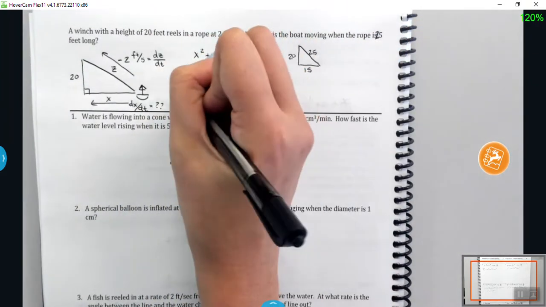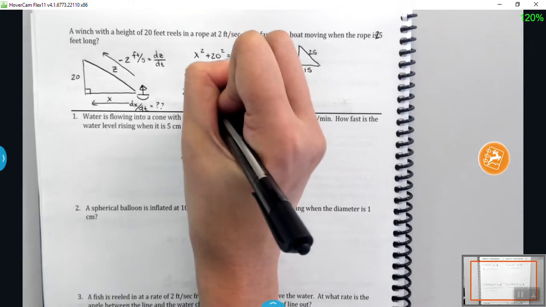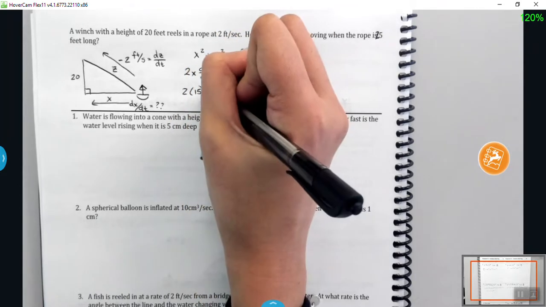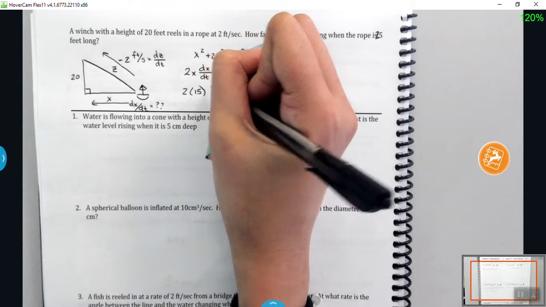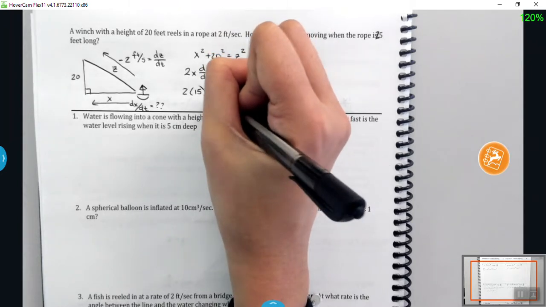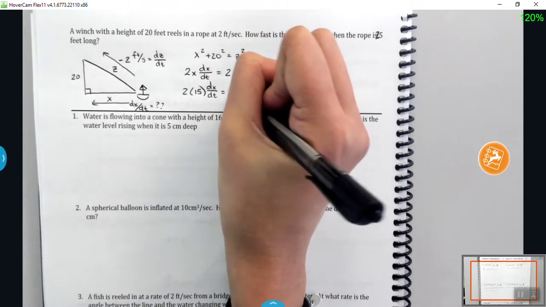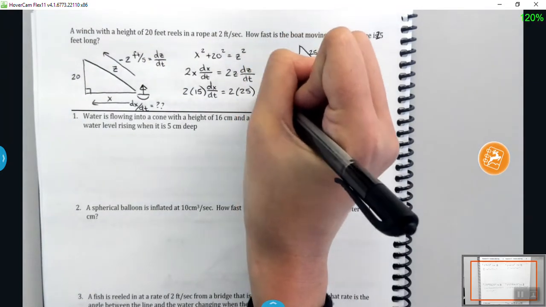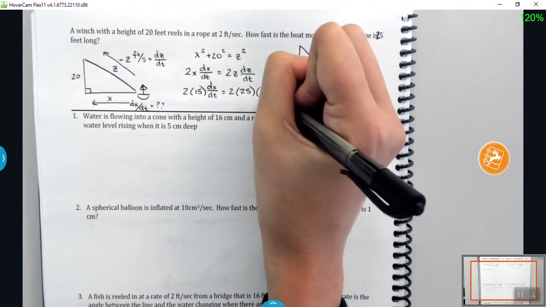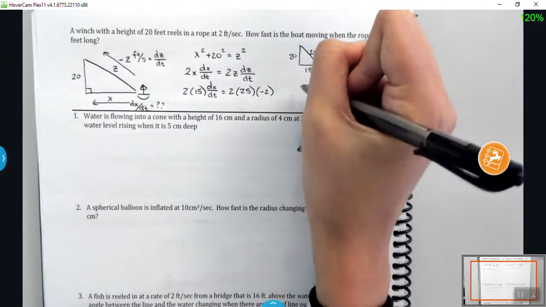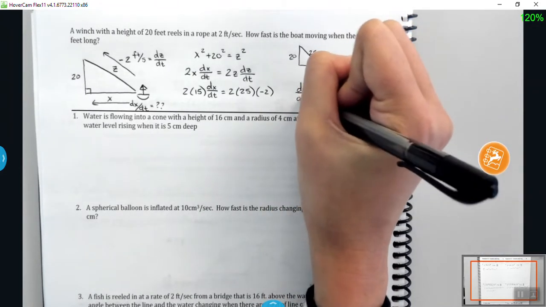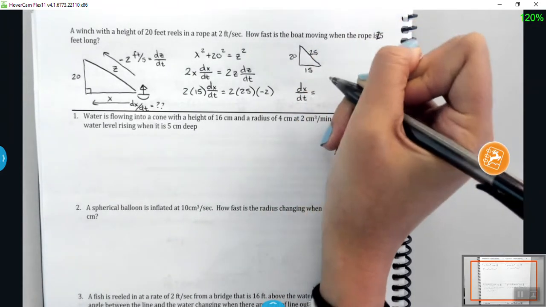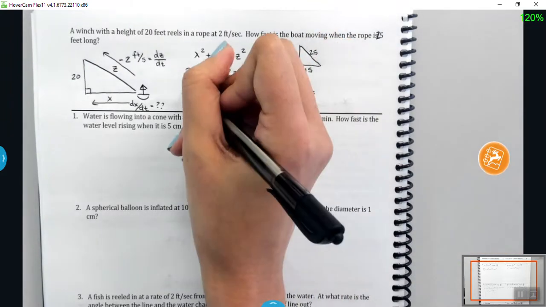Okay, so it's 2 times 15 dx/dt equals 2 times 25 dz/dt times negative 2. So dx/dt is, there's 2 cancels.